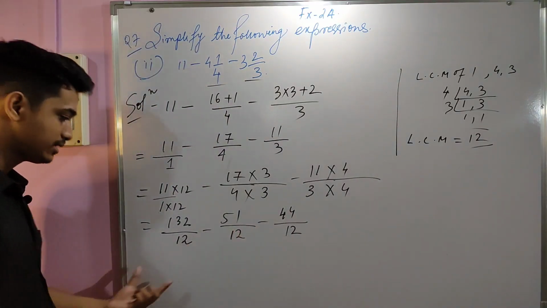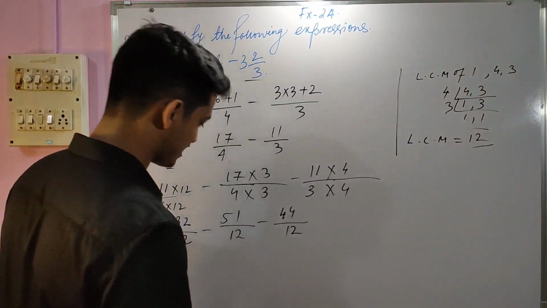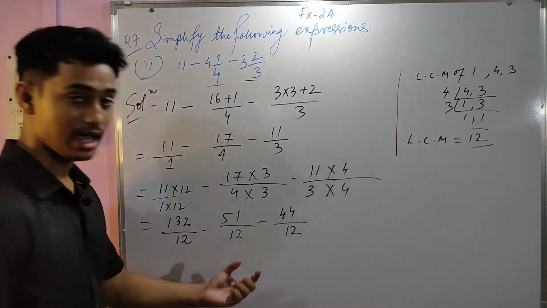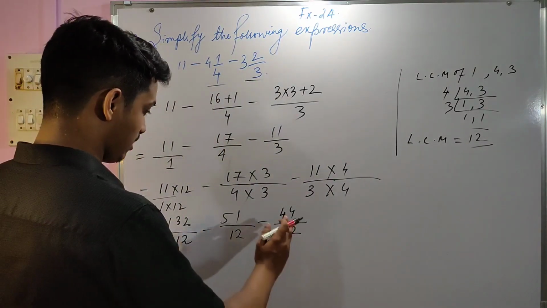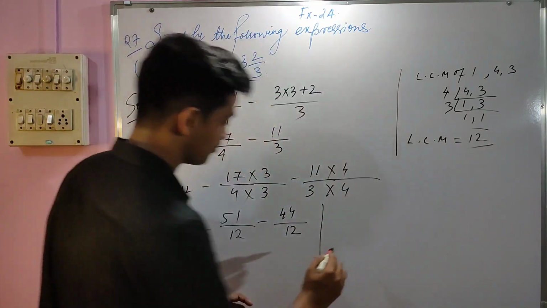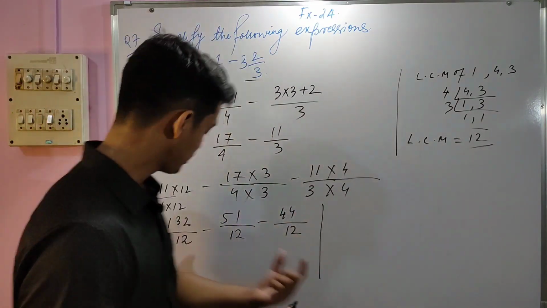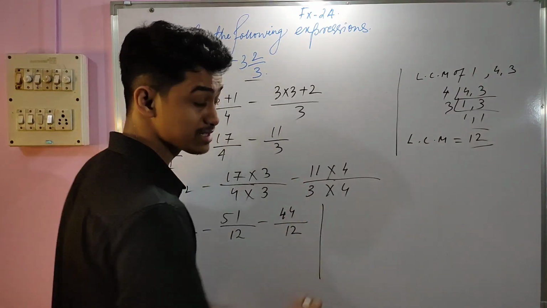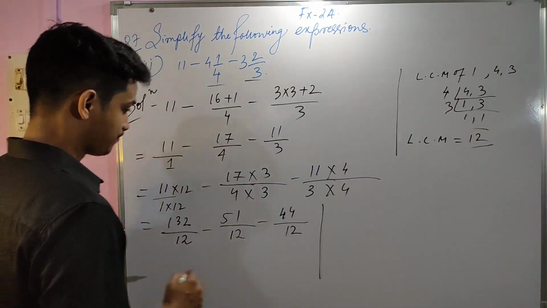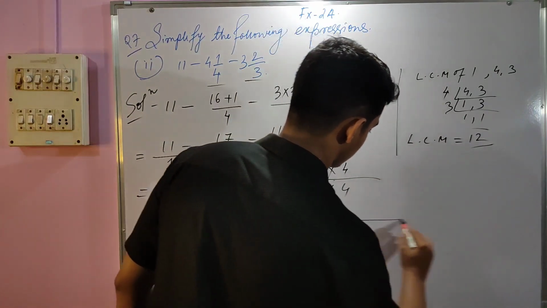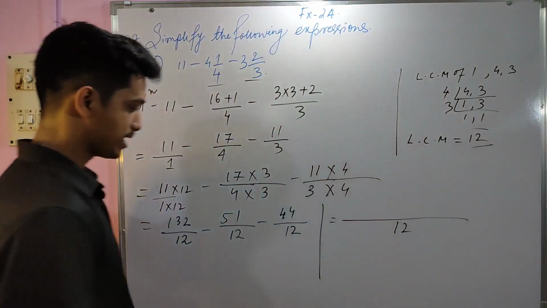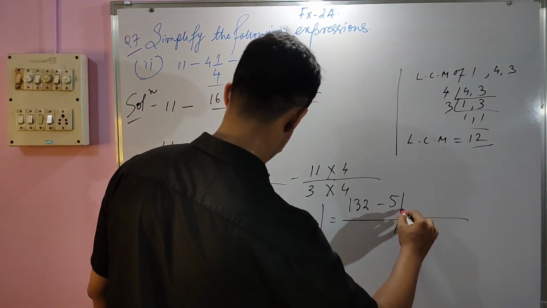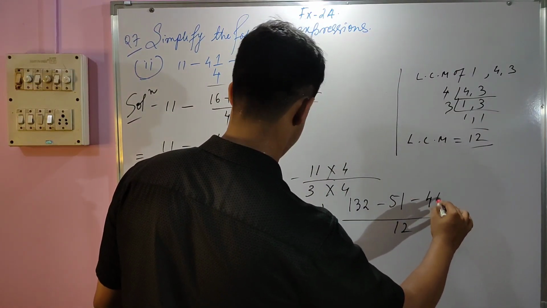Now all the denominators are absolutely the same, so the process is much easier. I'm going to continue this process on this side, but you have to continue in your copy from this side only, right? No need to draw this line. All right, so 12 will come like this, and 132 minus 51 minus 44.